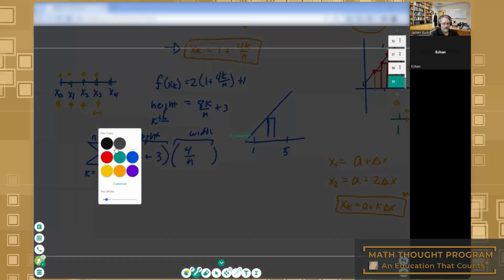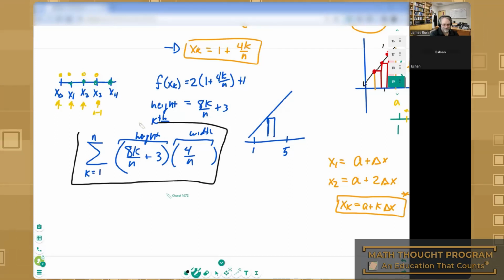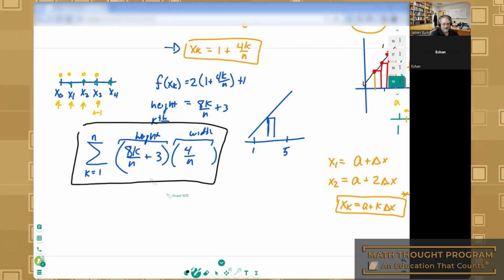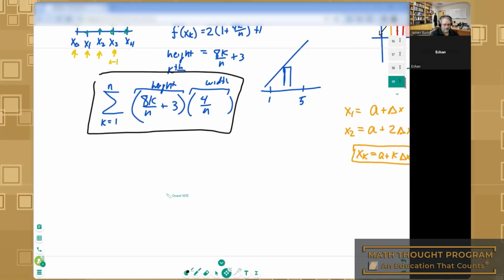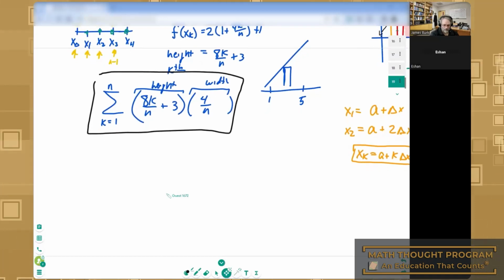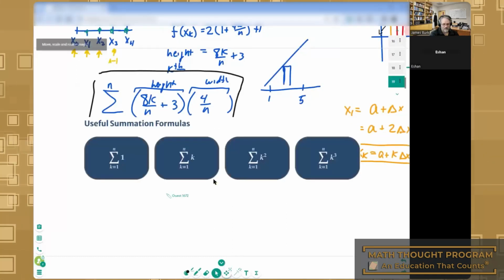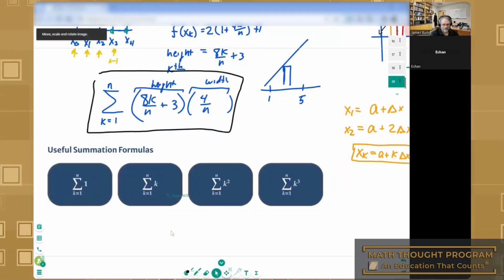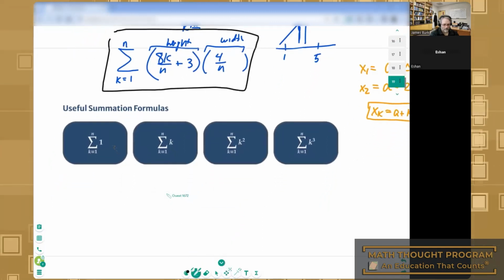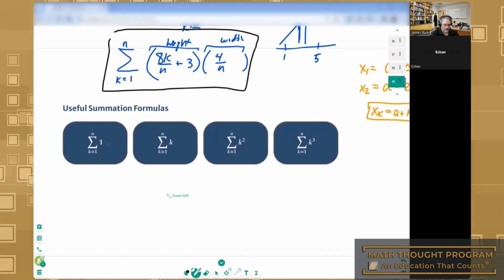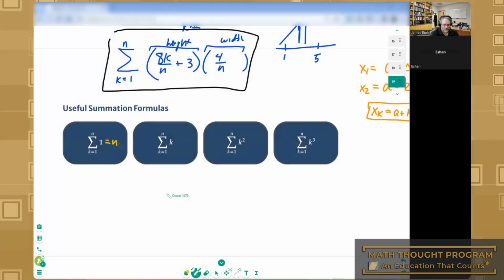Okay. Now, from here, we just really want to start assessing this given series. Now, here's the deal. In order to go about the problem at this stage, I'm going to need some special identities right here. This one, the sum of 1 from 1 to n, is going to be a value of n.